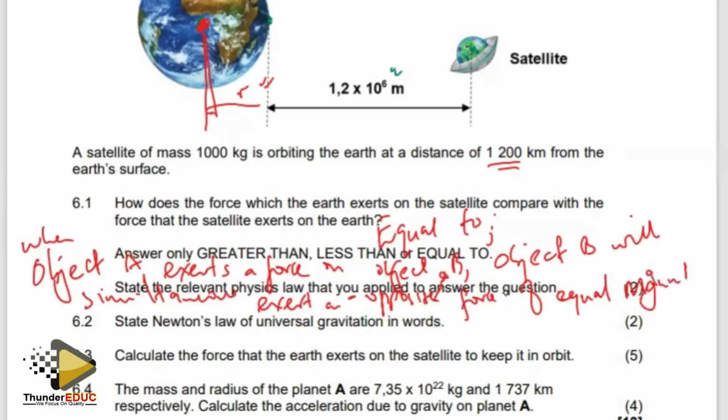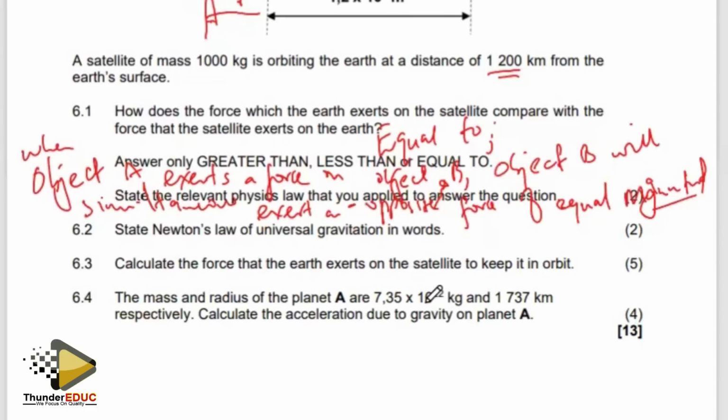Okay, or you can tell us of equal size. Then state Newton's law of universal gravitation.